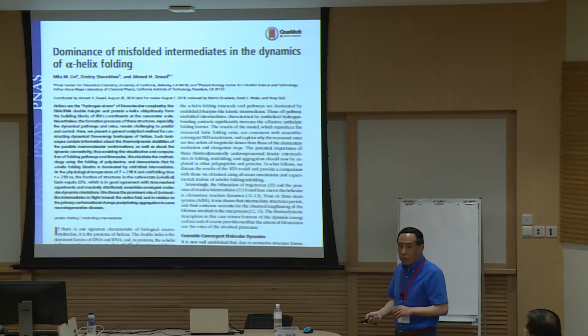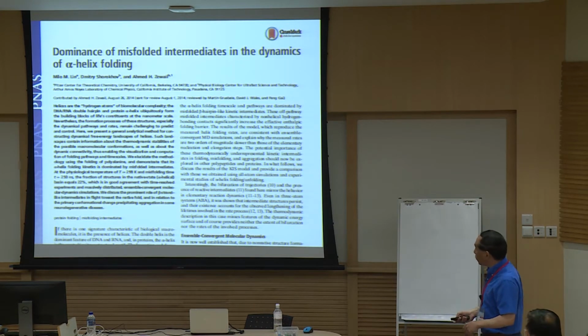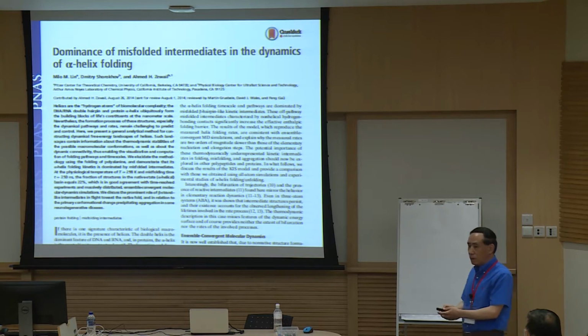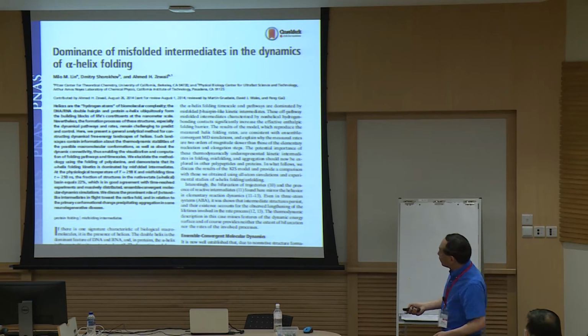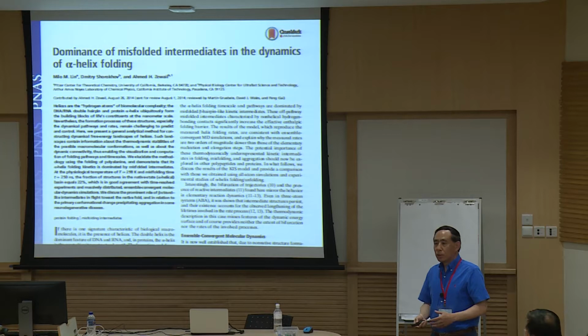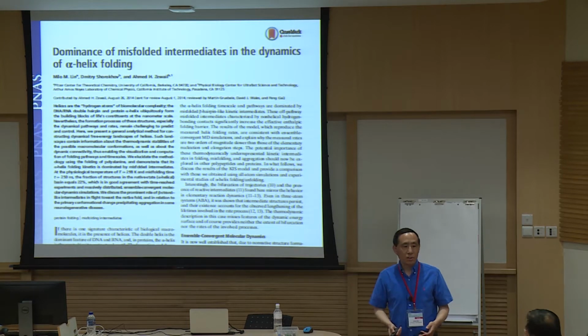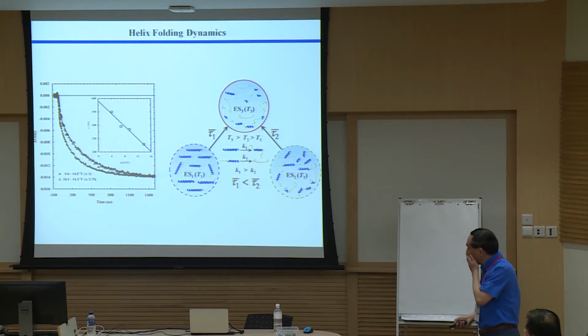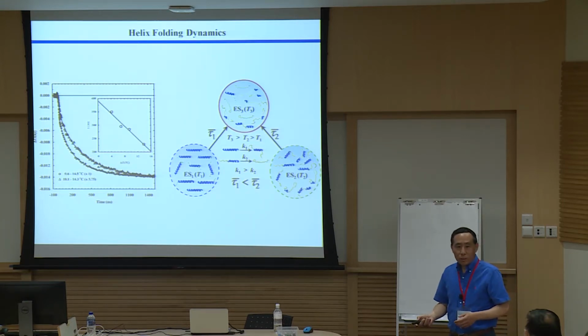Okay, so again, I want to relate back to one of the works done by our friend, our mentor, the great scientist Ahmed Zewail. He tried very hard to understand the folding mechanism of what, in their language, is the hydrogen atom in biology, that is, the alpha helix. Okay? So again, we utilize our VIP T-jump.